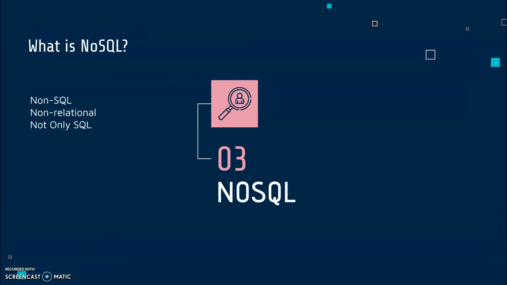So next question, what is NoSQL? NoSQL databases are originally referred to as non-SQL or non-relational databases. They are also known as not only SQL, which is an alternative to SQL databases, which does not require any kind of fixed table schemas unlike SQL. NoSQL databases allow storing data of any data type: structured, semi-structured, and unstructured data.